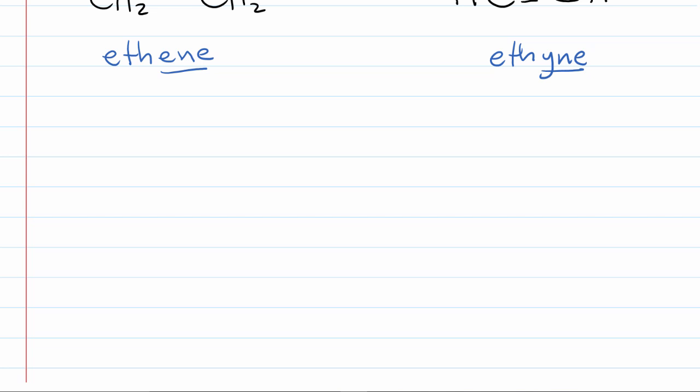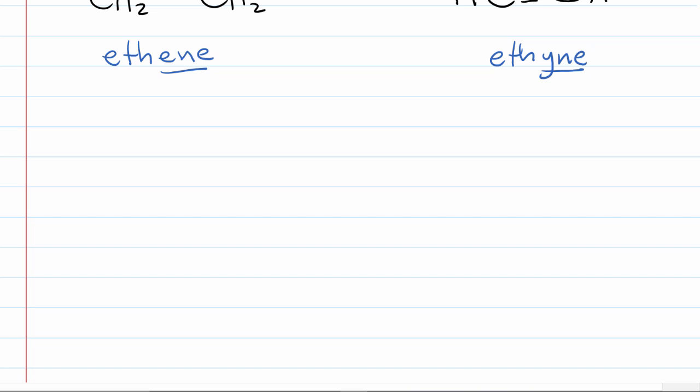Thank you, appreciate it. So now what we're going to do is assign some names to these, and we are going to start by looking at this one right here. So we go ahead and write out its structure, and we're going to write a condensed structural formula.